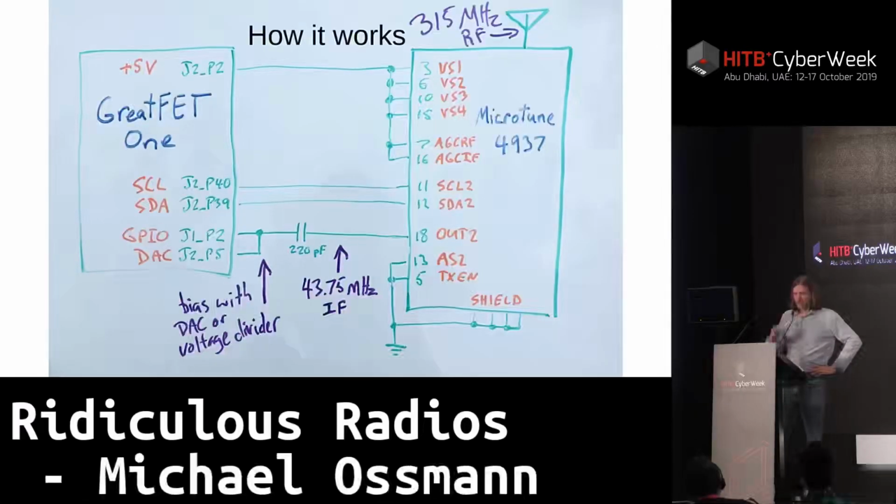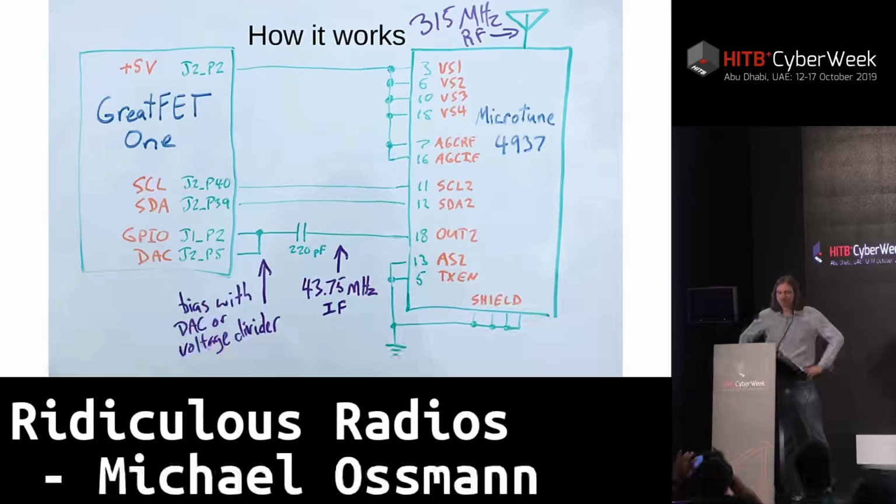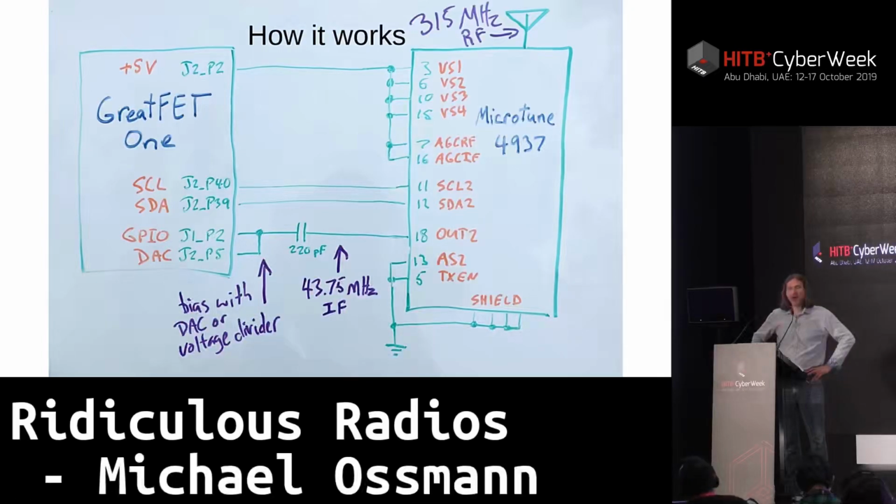Here's what the circuit diagram looks like. On the right, we have the tuner, which was salvaged from an old piece of television equipment. And on the left, we have the GreatFET, which again is just our microcontroller platform of choice. Most of the connections between them are very simple. There are a bunch of power connections.